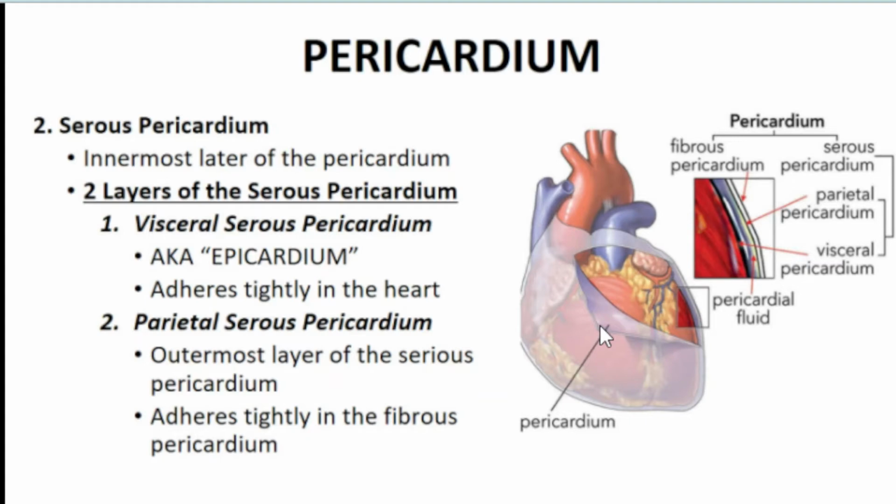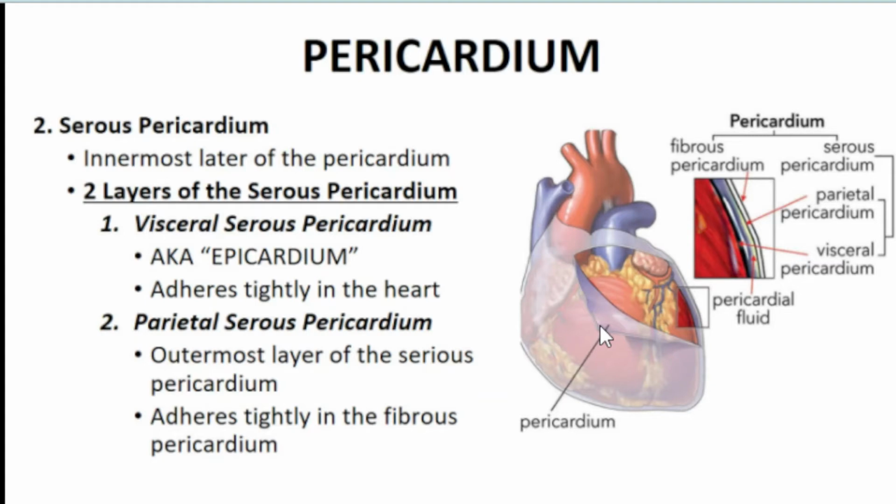And the definition agrees with us. It is the outermost layer of the serous pericardium, and it adheres tightly or nakadikit siya kay fibrous pericardium. While the visceral serous pericardium adheres tightly or nakadikit siya sa heart. And please remember that the visceral serous pericardium is also called the epicardium. So later on, we will go to that, the epicardium.